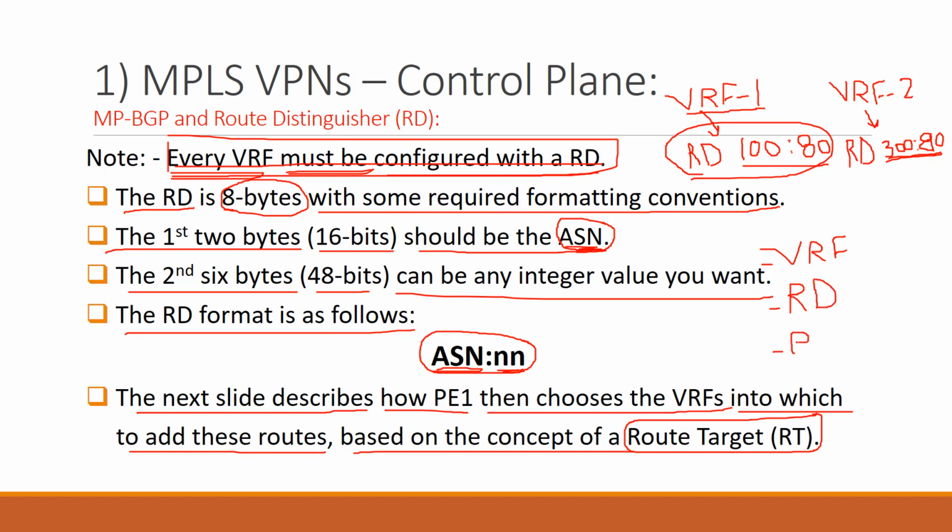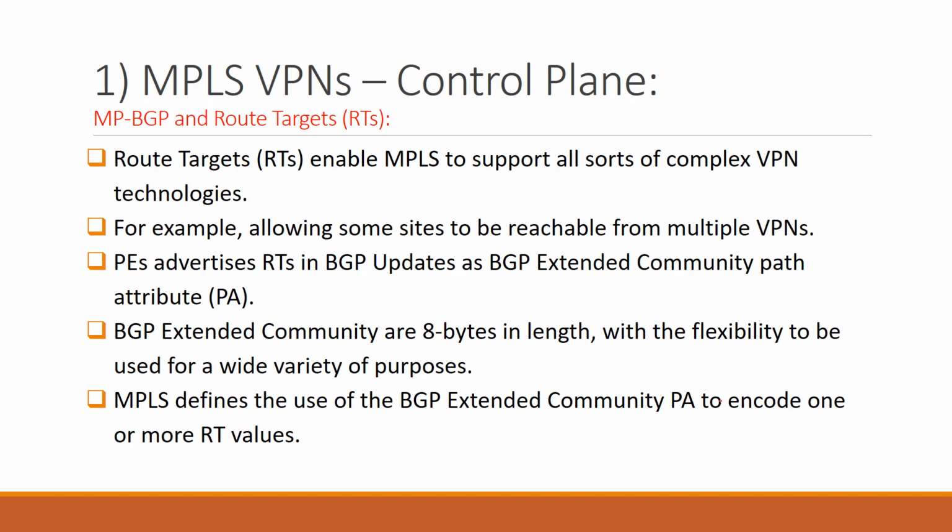Next, we will discuss the third concept, which is route target. So the third element that the MPLS VPN control plane uses is the route targets, and it is used with multi-protocol BGP. The purpose of the route targets is to enable MPLS to support all sorts of complex VPN networks.